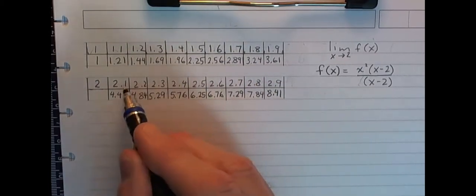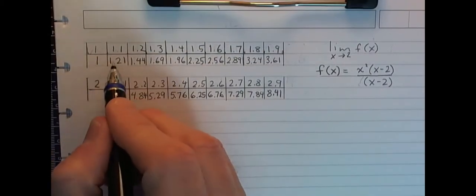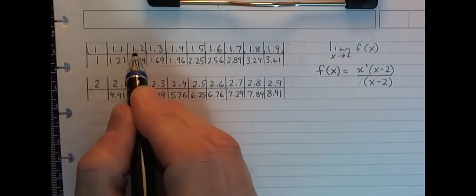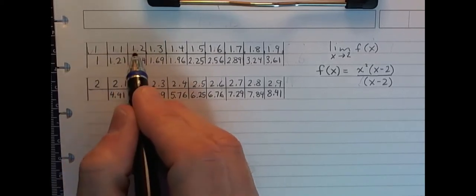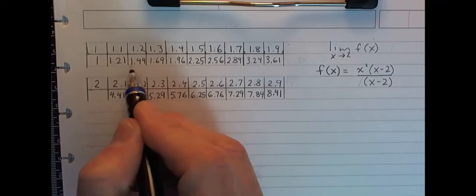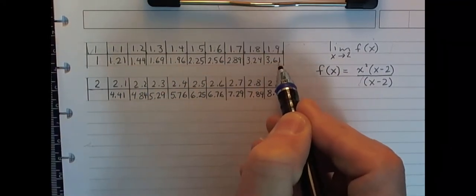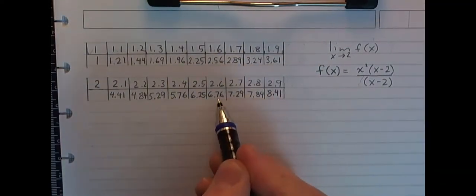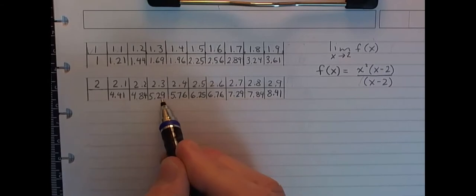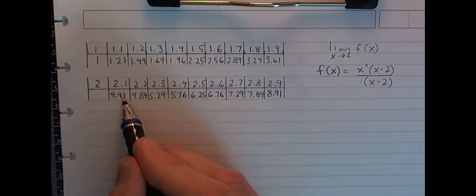Okay, and so you see, when x is 1, we get 1.21. When x is 1.1, we get 1.21. When x is 1.2, we get 1.44, and so forth, all the way up to 1.9, and we get 3.61. Well, if we come the other way, we can see the y's are winding down. And here at 2.1, we have a y value of 4.41.